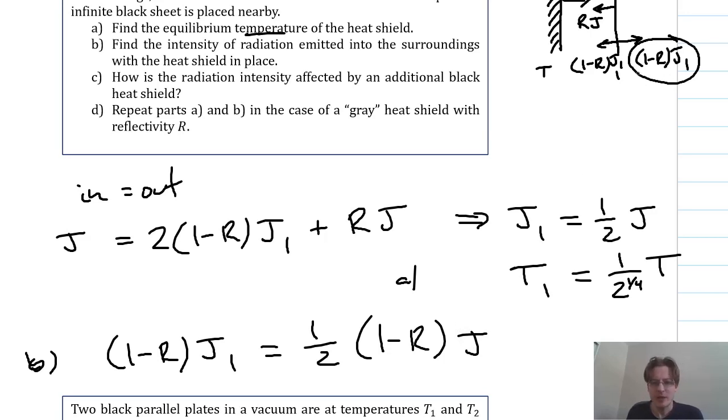So if the object's gray, meaning it's partially reflective, then it's an even better heat shield. Although it reaches the same temperature as if it's a black body, now that it's partially reflective, it's worse at absorbing, and therefore it's somewhat worse at emitting as well. So it's an even better shielding effect the more reflective the shield is.